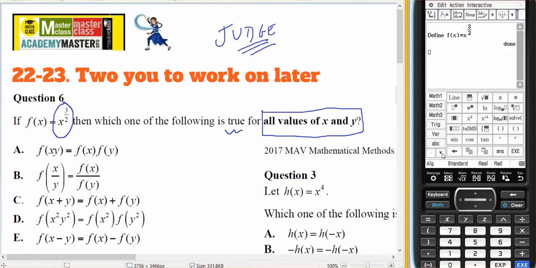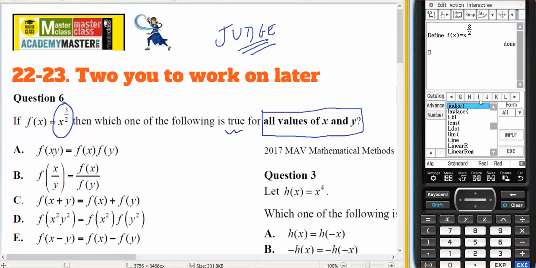I'll find judge in the catalogue under J, and then I go input, and then I'm going to say judge that f of x times y equals f of x times f of y.